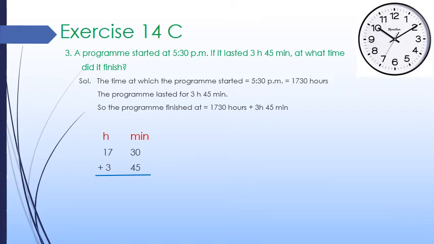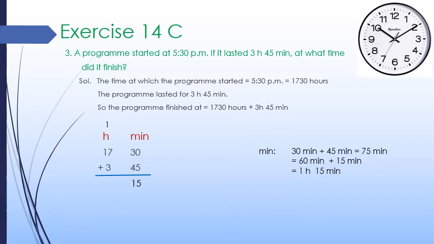So now, when we will add 17:30 hours and 3 hours 45 minutes, what do we get? Let us see. We get 30 minutes plus 45 minutes is equal to 75 minutes, which is equal to 60 minutes plus 15 minutes, which in turn is equal to 1 hour 15 minutes. So in the minute section we will write 15 minutes, and 1 hour will be carried to the hour section.